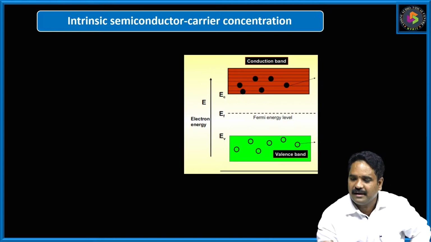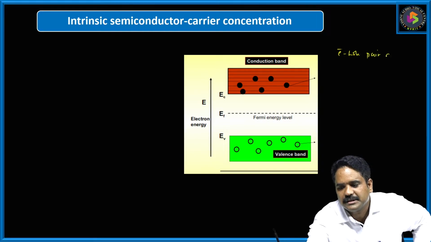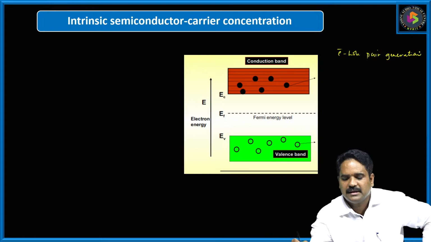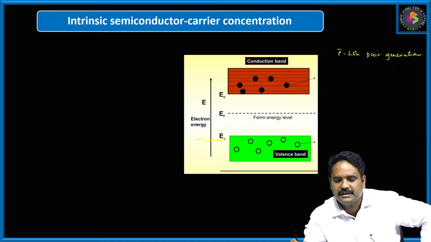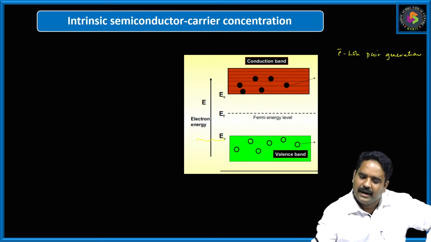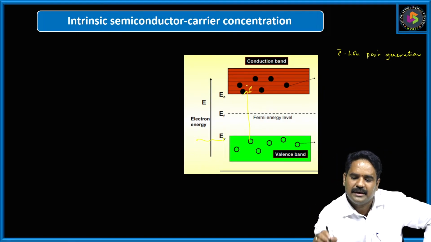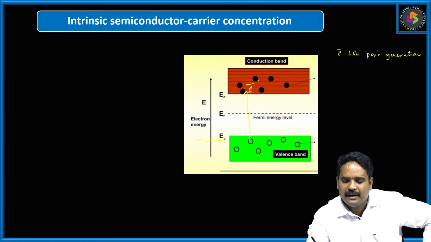To understand this better, I will explain electron-hole pair generation. What is electron-hole pair generation? When energy is provided to a semiconductor, an electron gets excited from the valence band to the conduction band. In this process, an electron is generated in the conduction band and a hole is generated in the valence band.